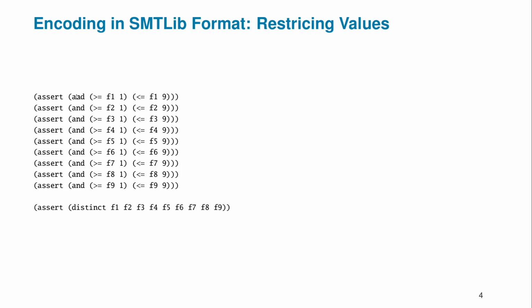Here we have a conjunction, starting with the keyword and: we say f1 is larger or equal to 1 and smaller or equal to 9. What you see here is that we do not have an infix notation with the operator in the middle, but first the operator and then the arguments.